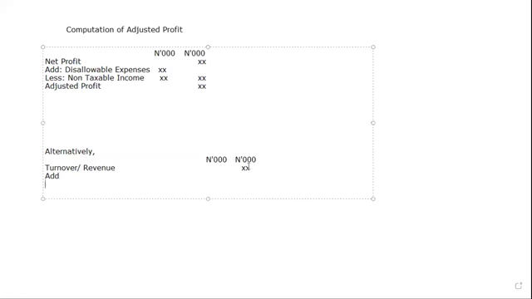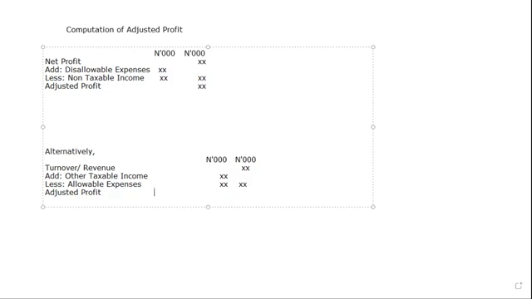Add other taxable income, less allowable expenses. All right. You have something here. What you then get is referred to as the adjusted profit.